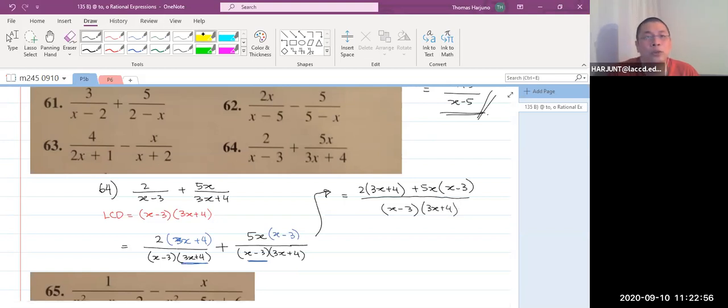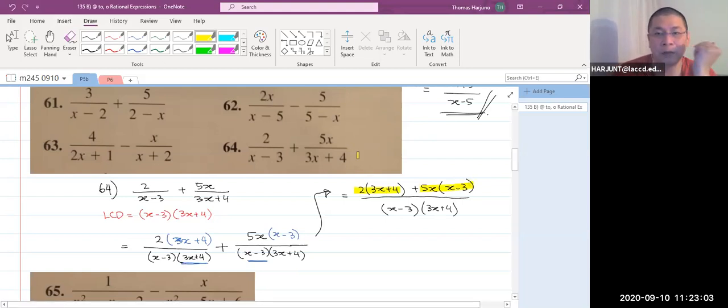Now, if you think you can put them together and distribute at the same time, go ahead, but just be careful, especially if the sign in the middle is subtraction. But for addition, as long as you feel comfortable and know that you won't make a mistake, then if you don't mind taking that additional risk, go for it.